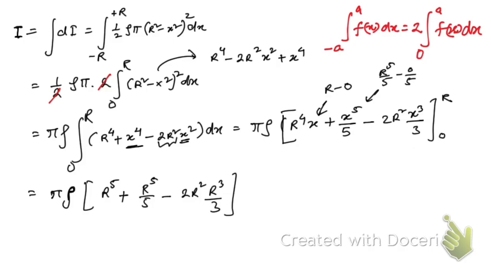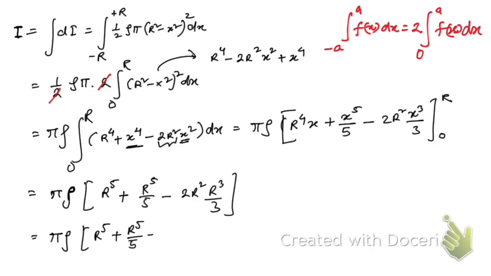So now let me clean these things. So here it becomes pi rho into r to the power 5 plus r to the power 5 by 5 minus 2 into r to the power 5 by 3. That's what we're going to have.